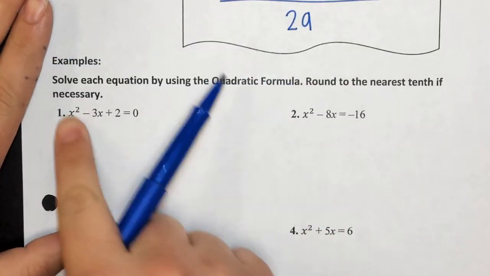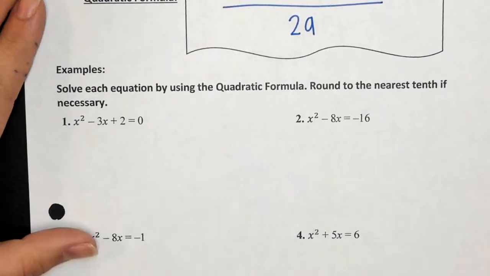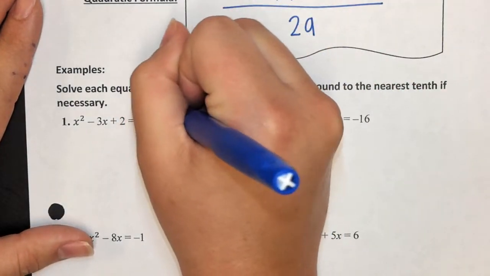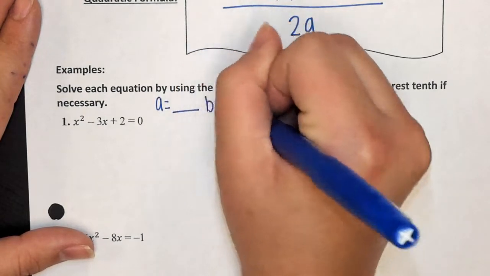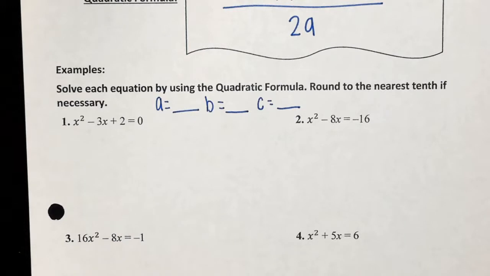First step, is this one right here set equal to 0? Yes. Okay, you already know how to do this part. I want you to label your A, your B, and your C. Okay, Presley, what's A?